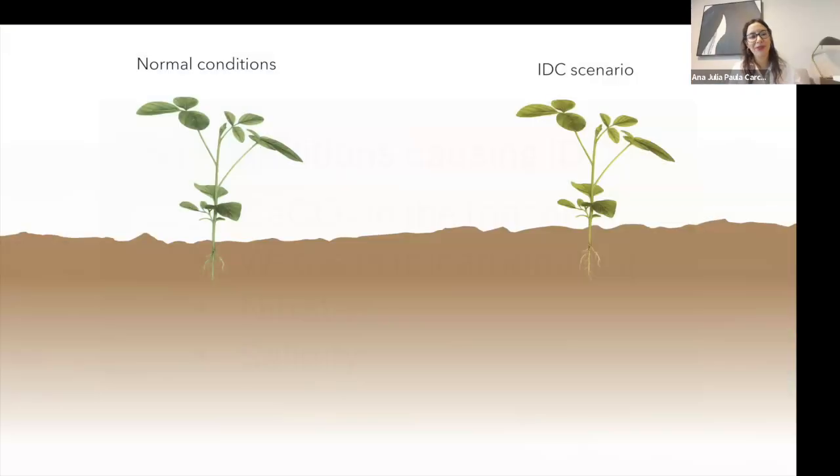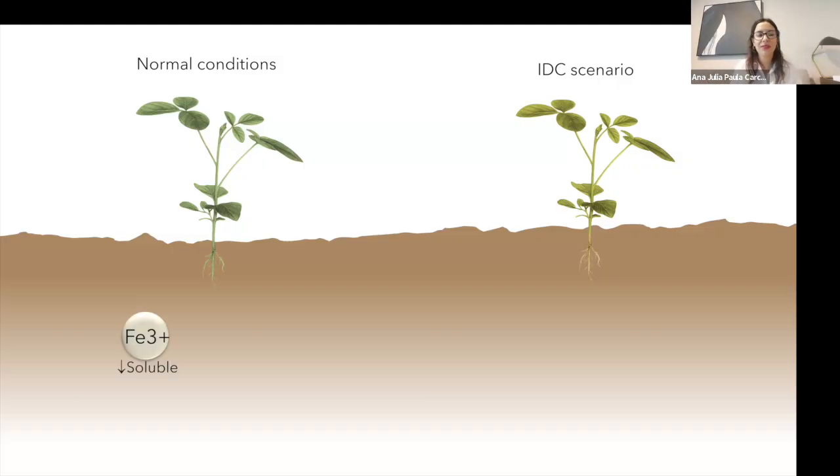I'm just trying to go through this a little bit fast. I really want you to understand what is happening, because this way you are going to better understand how we can handle it, how we can manage it, if we know what's actually happening. So we're going to start with the plant in normal conditions, the plant on our left.